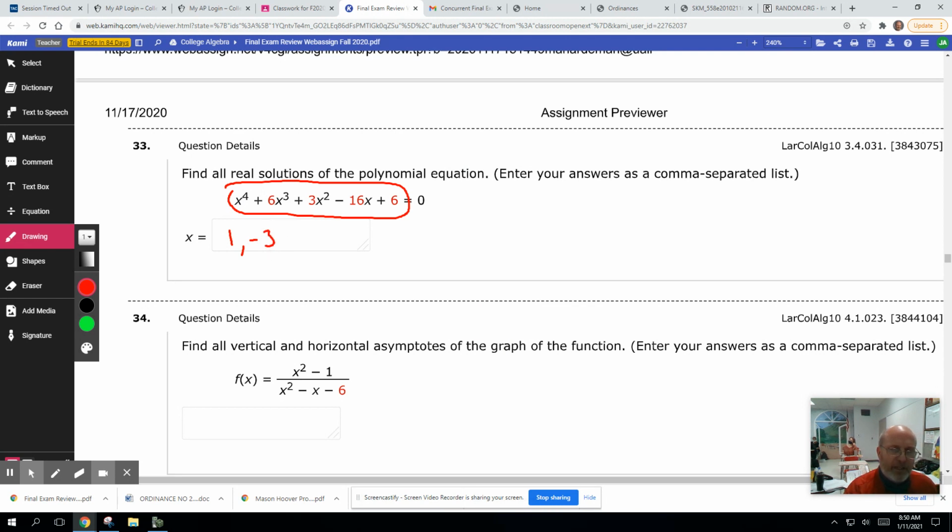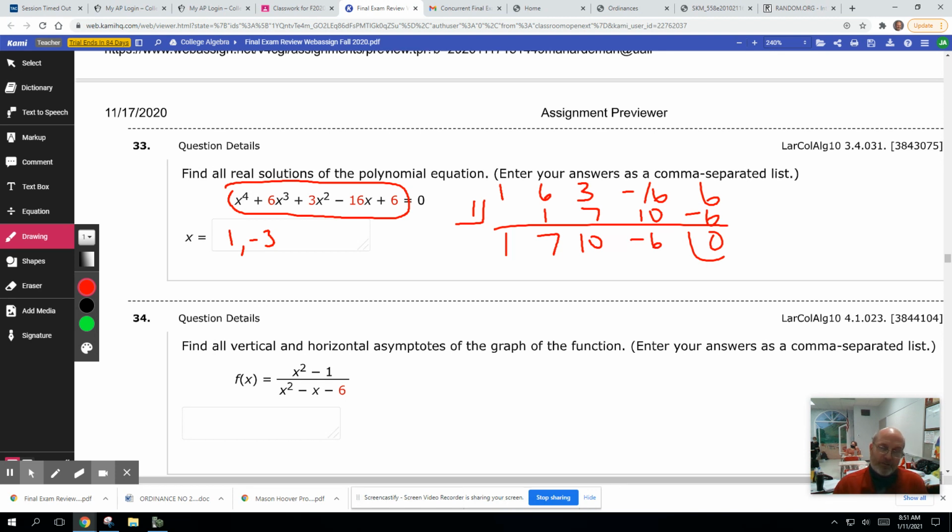which tells me that if I divided this polynomial by x minus 1, I'm going to put 1 in the box. I'm going to use the coefficients. 1 is the coefficient of x to the fourth, 6 of x cubed, 3 of x squared, -16 is the coefficient of x, and 6. I'm going to do the division here: bring down the 1, multiply, add the column, multiply, add the column, multiply again, add the column, multiply again, and add the column.